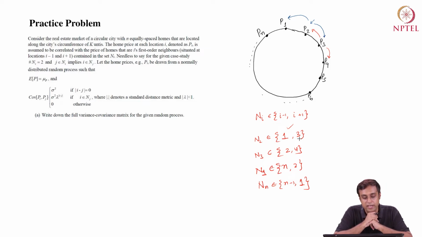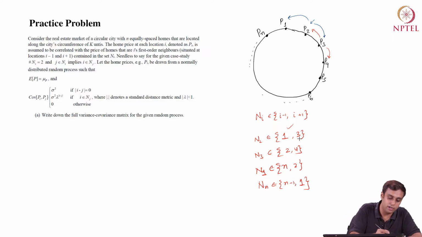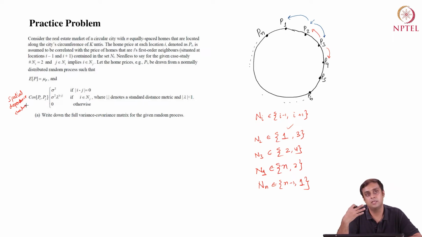Let the home prices Pi be drawn from a normally distributed random process such that the expectation of P is the population mean mu P, and the covariance structure, which is the spatial dependence structure, is covariance Pi Pj, where i and j are locations i and j. So we have a spatial dependence structure which exhibits correlated prices with first order neighbors, something that has been written down in English.